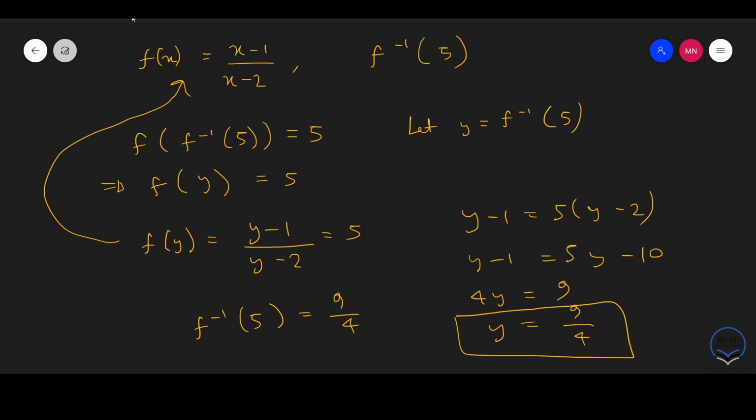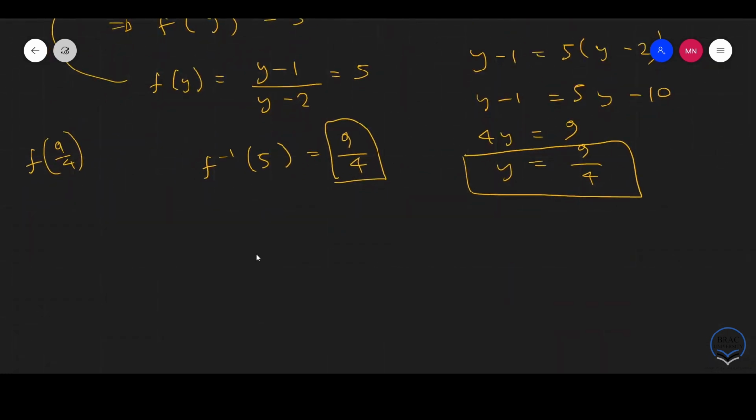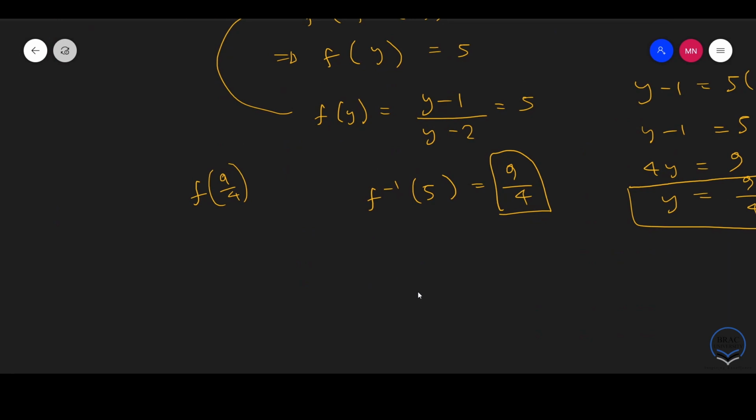And we can check this ourselves. So if we take 9 by 4 to be our input into the function f, so if we have f of 9 by 4, we can show that it is 9 by 4 minus 1 divided by 9 by 4 minus 2, right?